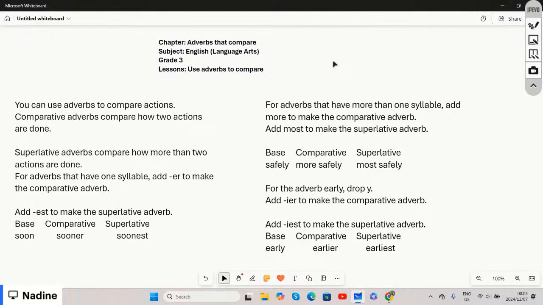And the lessons that we are going to be focusing on under our chapter of adverbs that compare is to use adverbs to compare. So that's going to be the lessons for today.